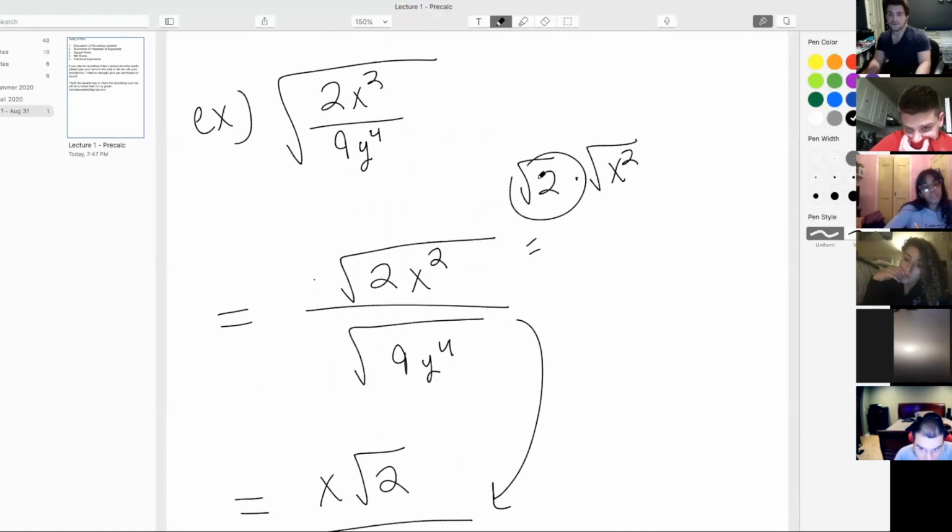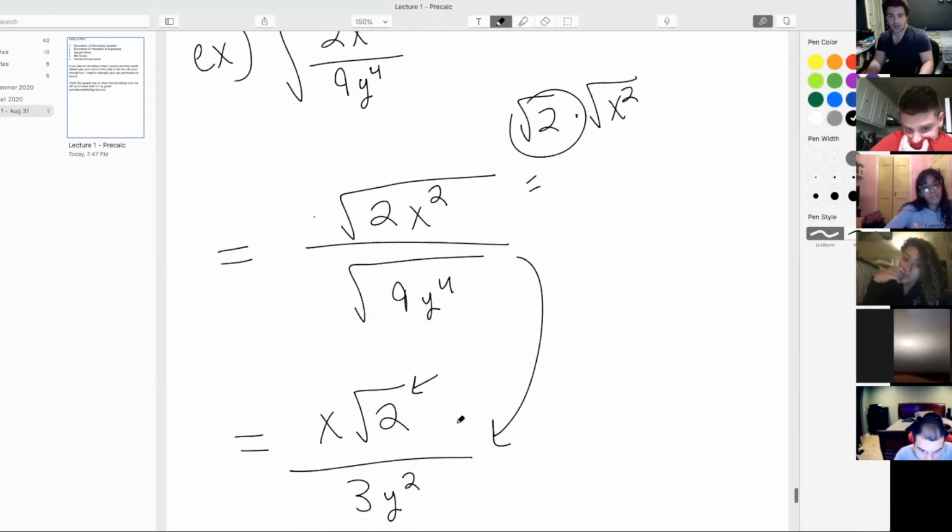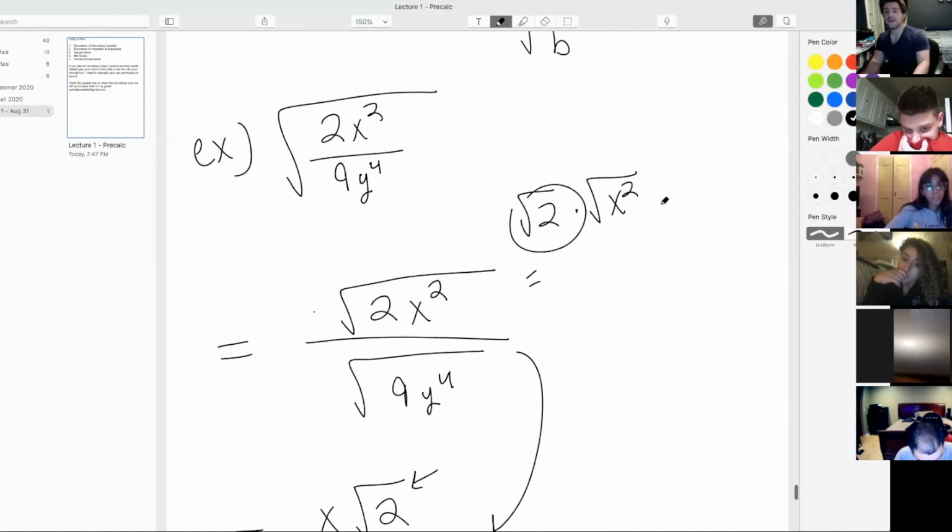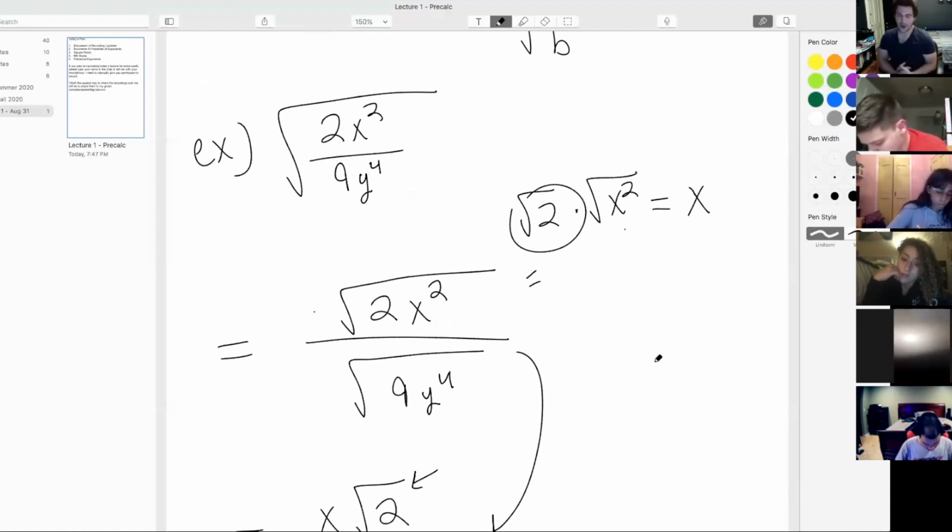So the square root of 2 stayed. And the square root of x squared, well, x squared is a perfect square. So the number you multiply by itself to get x squared is just x. That's the square root of x squared. I hope that's okay.